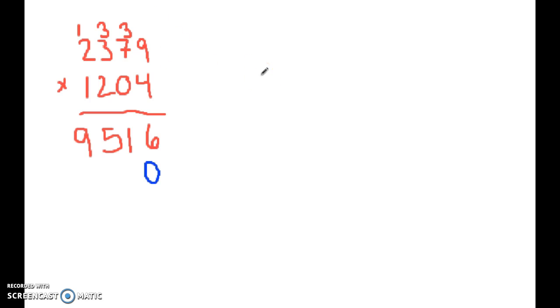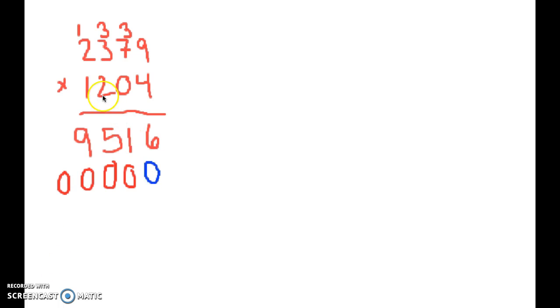Luckily for us, multiplying by 0 is super simple because the answer will always be 0 because you have 0 groups of that number. So 0 times 9 is going to be 0 because you have 0 groups of 9. Same with 7, you have 0 groups of 7, and 0 groups of 3, and 0 groups of 2. So now we're all ready to move on to our next problem.